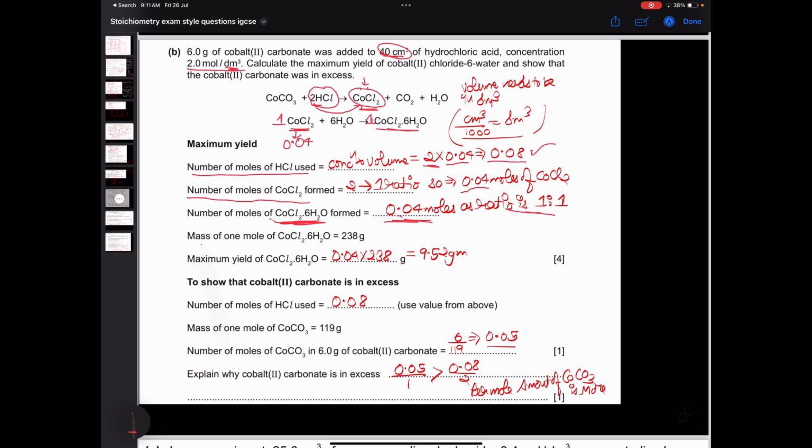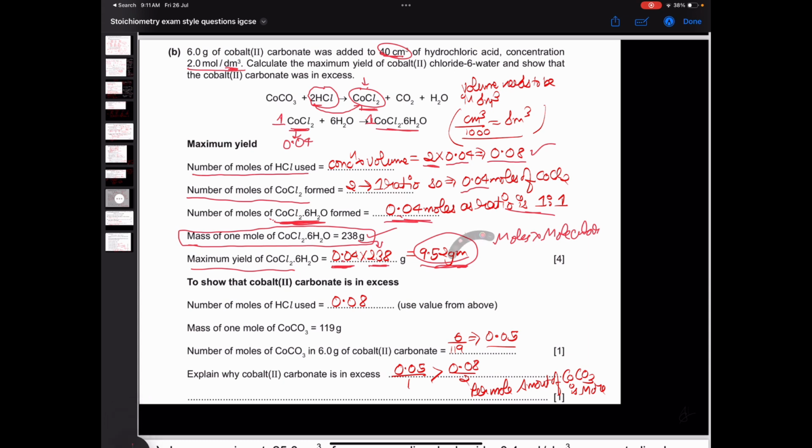Then they have given you molecular mass of COCl2.6H2O. That is the molecular mass. Maximum yield, what do you do? You just simply do moles times molecular mass to get the maximum mass or the maximum yield. So I've done the same here, 0.04 times 238. 238 is given to us. That will give me 9.52 grams. Alright. Now this section is done.